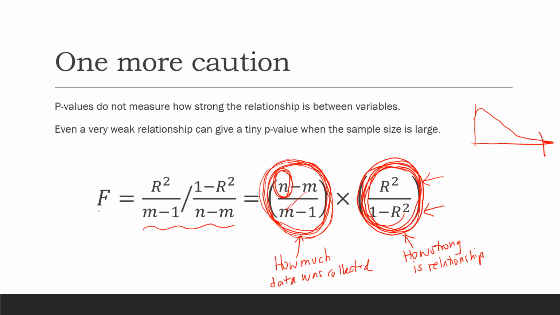So even with a large sample size, even if the relationship is not very strong and this piece is very small, when I multiply it by a large value, I'm going to get a large F test statistic. So it's important to recognize that the p-value itself is a combination of things. It relates to how strong the relationship is and how much data was collected. It can give a small p-value either with a strong relationship or with a large sample size and a very weak relationship.